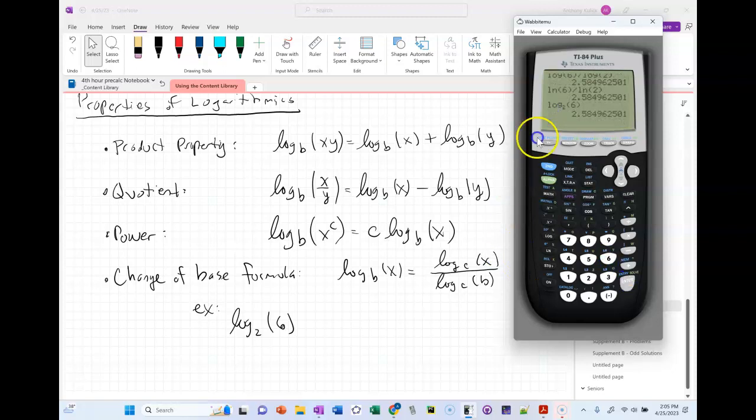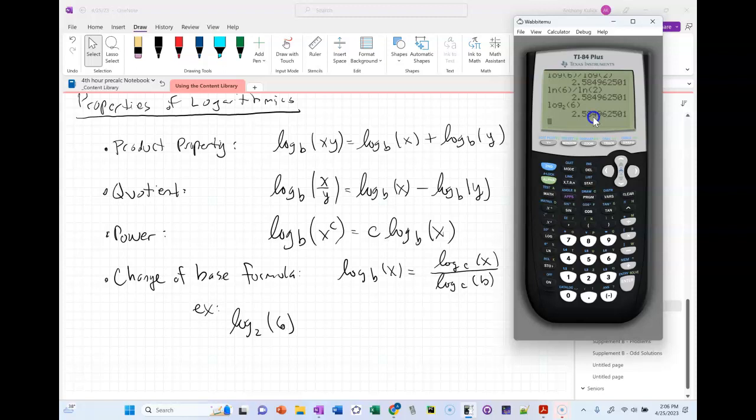And it allows you to type it in exactly as it looks on your sheet of paper. Everybody's okay with that? Unless you have the old TI-83, the green and black screen, really rectangular looking calculator, I don't think you have to use the change of base formula. You can just use the log base command.